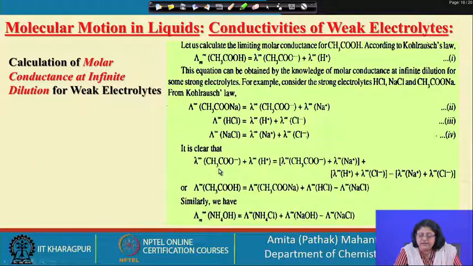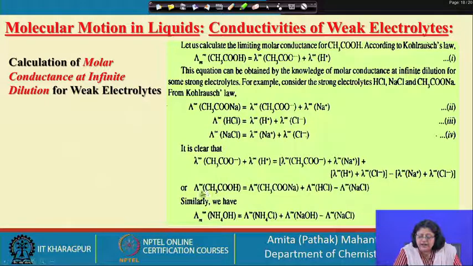To make it more clear, I can have the lambda for the acetate plus H plus, that should be equal to lambda for the acetate plus the sodium ion. If you rewrite this, that will be H plus and Cl minus, and sodium chloride.